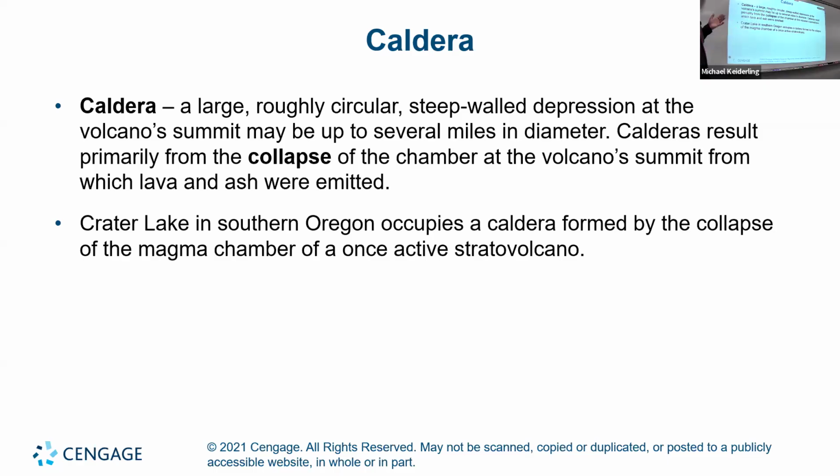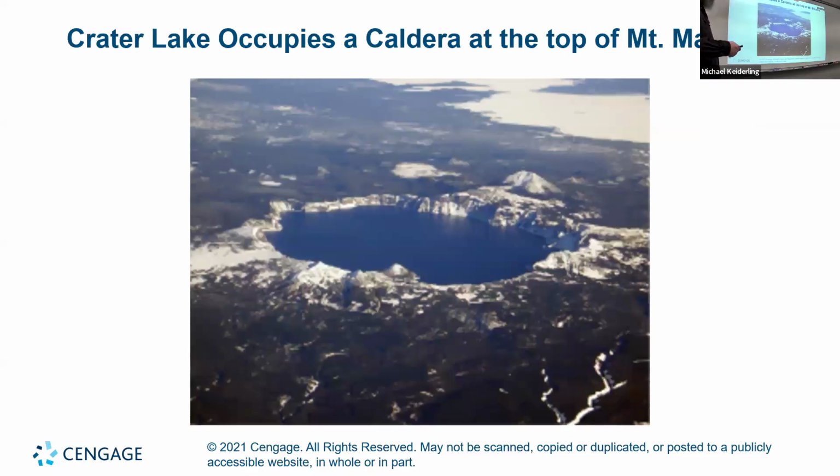The example we're going to show here is Crater Lake in Southern Oregon, which is amusingly not a crater, it's not an impact crater. It is a caldera. It occupies the caldera that was formed by the collapse of the magma chamber of a once active stratovolcano, but it's just dormant. This is Crater Lake, at the top of Mount Mazama.